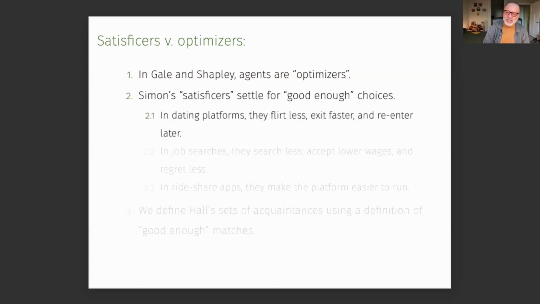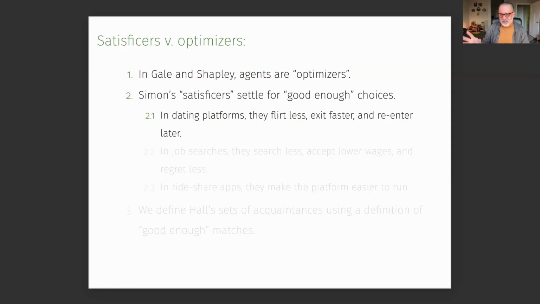So, for example, there is a study that classifies a bunch of people as satisficers and optimizers, and then compares how these people behave on dating sites in real life, not in an experiment. They go and see how these people behave on, I don't know, Tinder or one of these dating sites. And what they find is that satisficers flirt less, they search less for potential partners, and they exit the platform faster than optimizers, so they get matched and they settle faster.